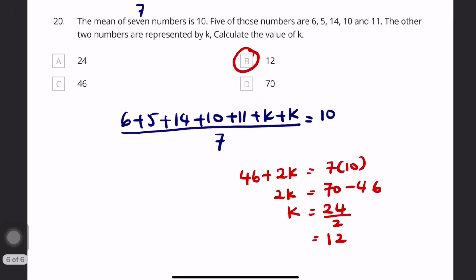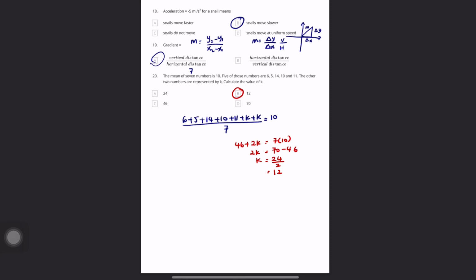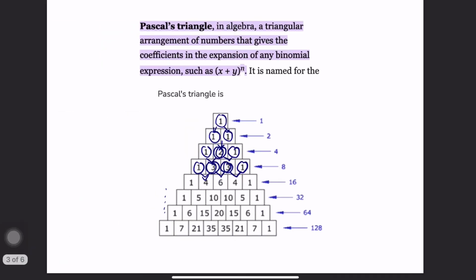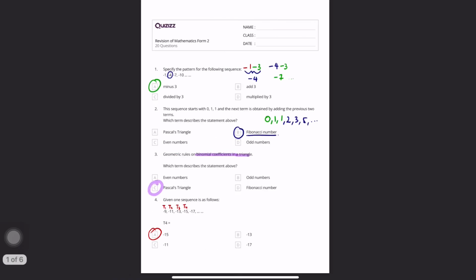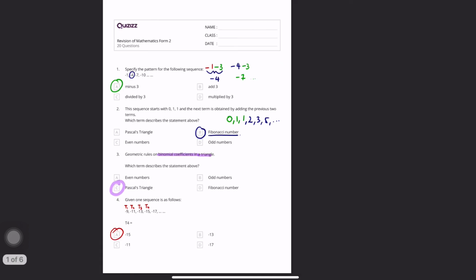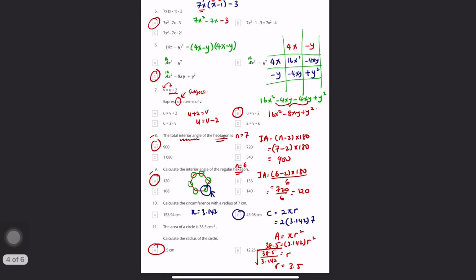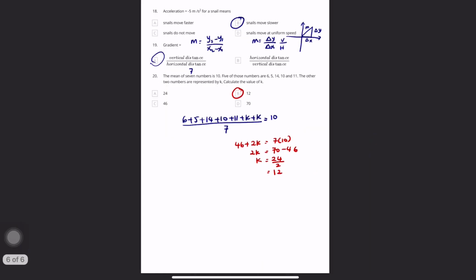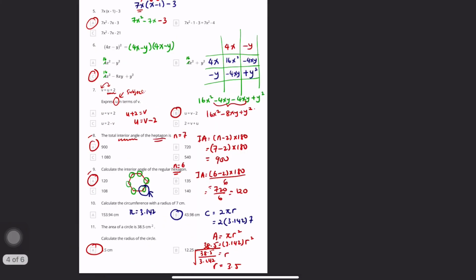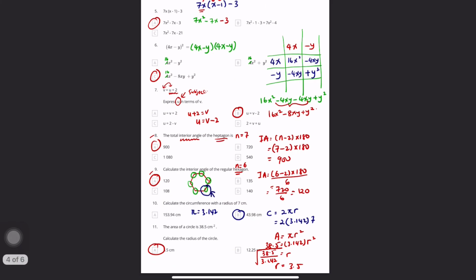Okay, so that settles the 20 questions. I hope you understand my explanation for each and every question. If you have any questions you want to ask me, you can send them in our Telegram group, or you can comment down below.